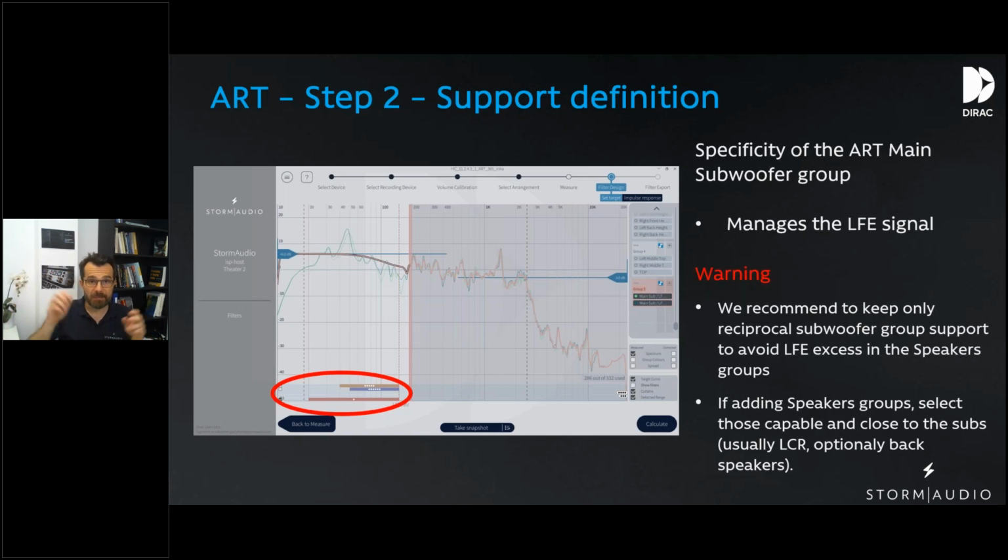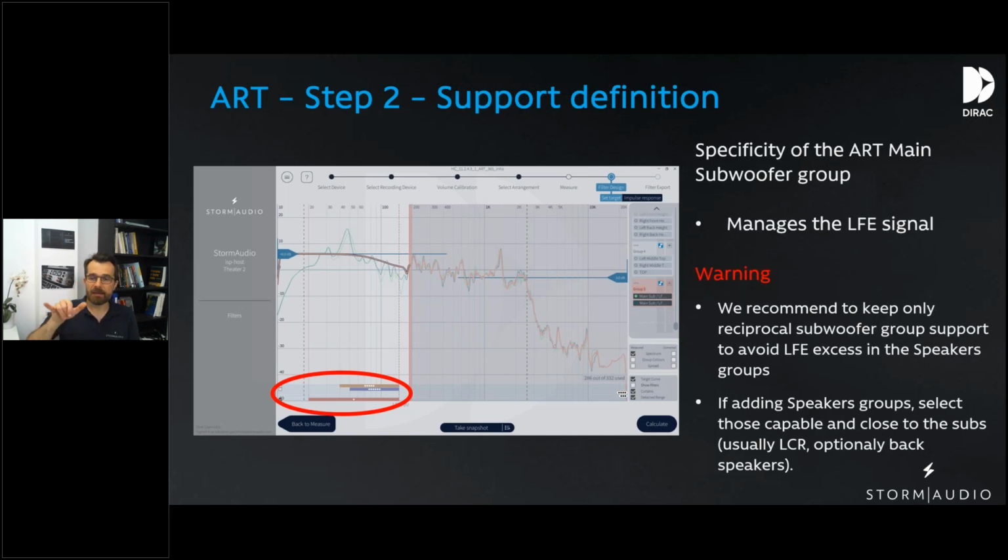That's the bass management as such. But then it also is the LFE signal. What we do recommend to start with, when you are working specifically on the ART main subwoofer group, is to start by only using the subwoofers to support each other.